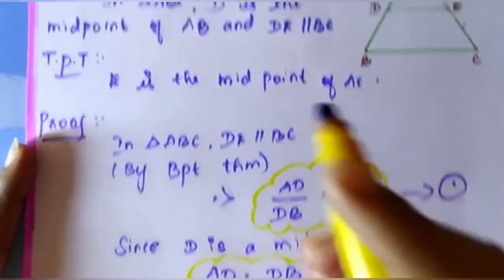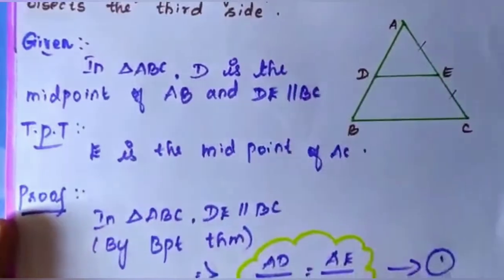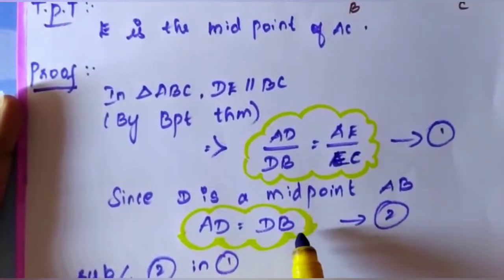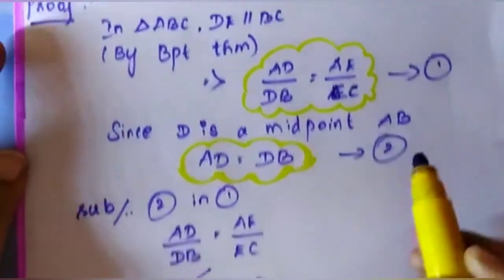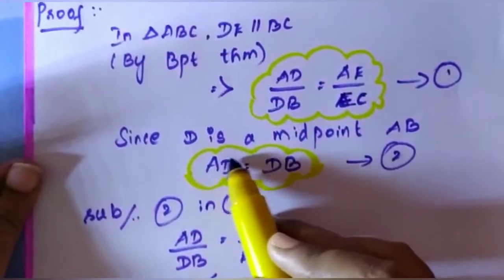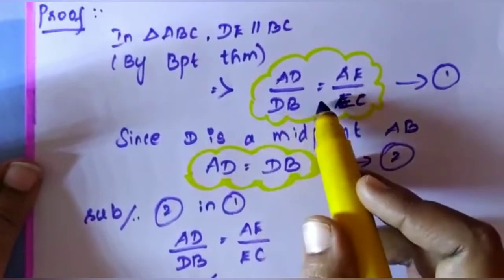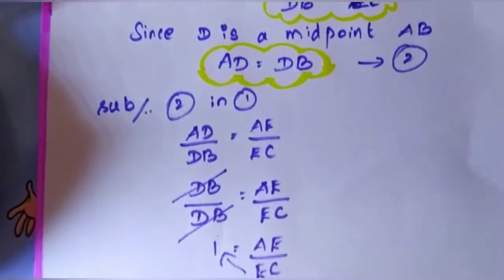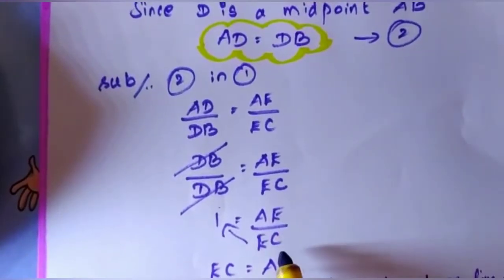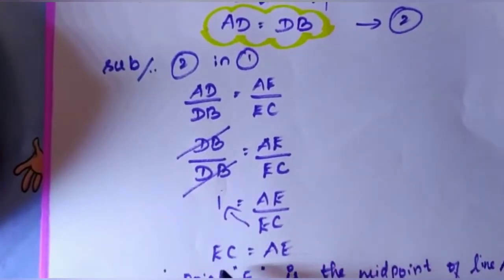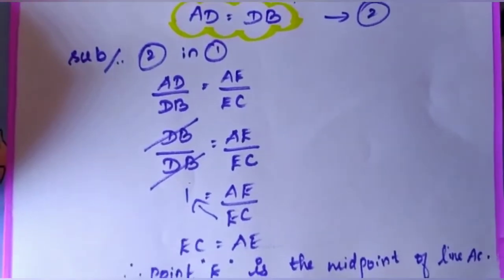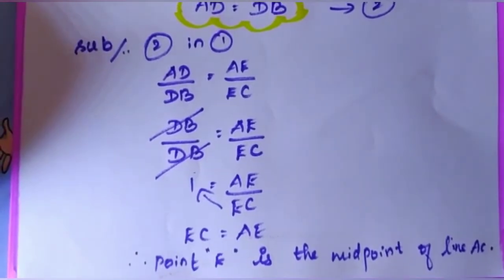Since D is the midpoint of AB, AD is equal to DB. Substitute the second one in the first equation and we can cancel AD divided by DB. 1 is equal to AE divided by EC, then cross multiply, EC is equal to AE. Therefore we can conclude that the point E is the midpoint of the line AC.